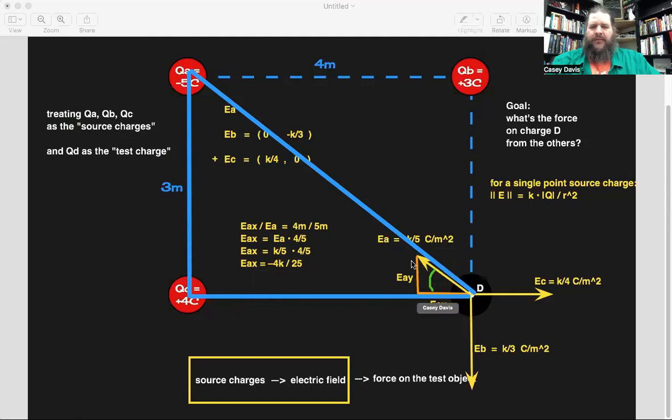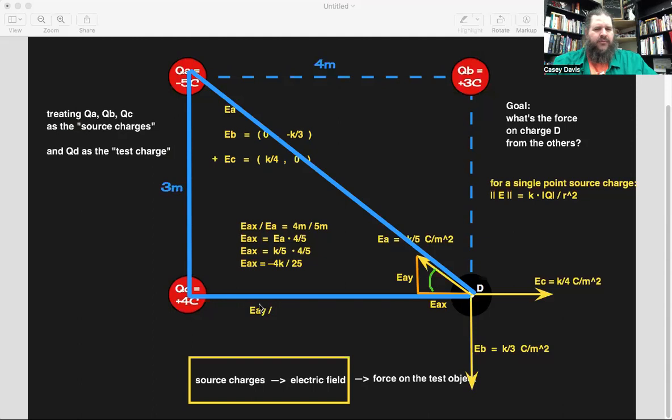And then what about the Y component? How would we find that? What ratio could we set up that would involve the Y component? If we say EAY over what?